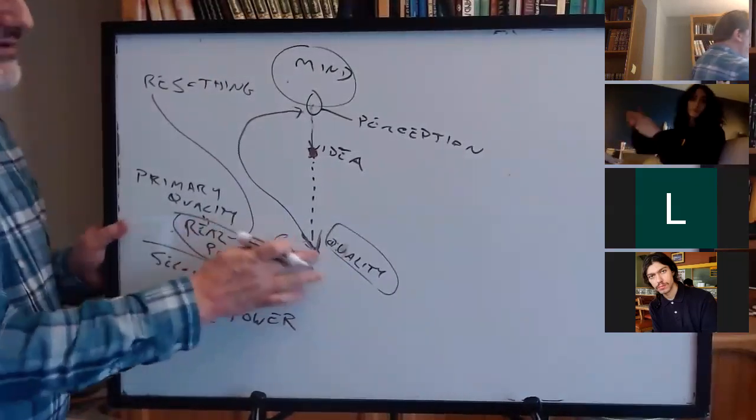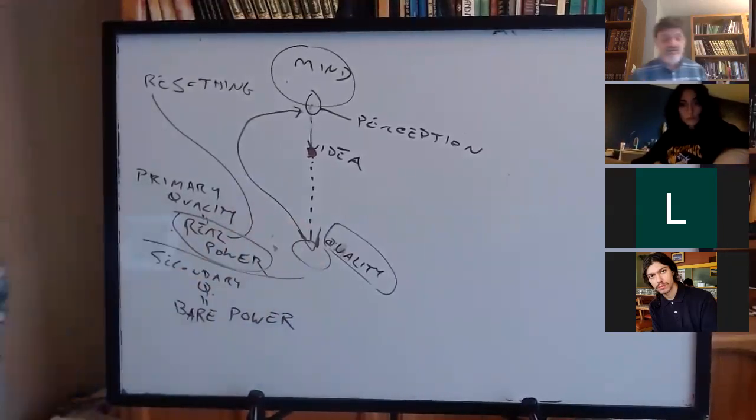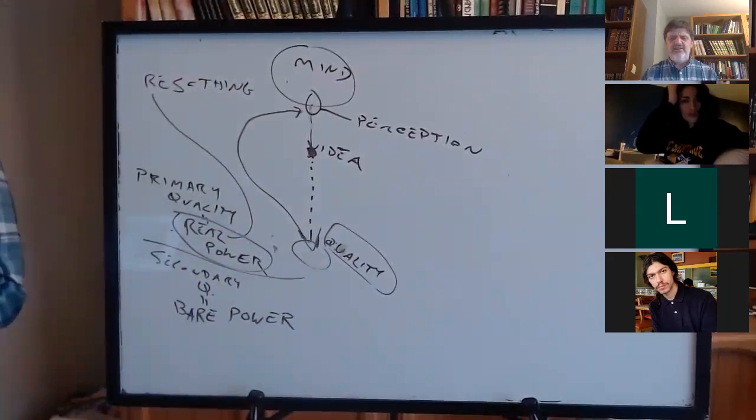Whereas in the case of a bare power, there's just one thing that has the power, and there's no little thing that is the power. Is that kind of clear so far? Do you have a question about that before I go on?